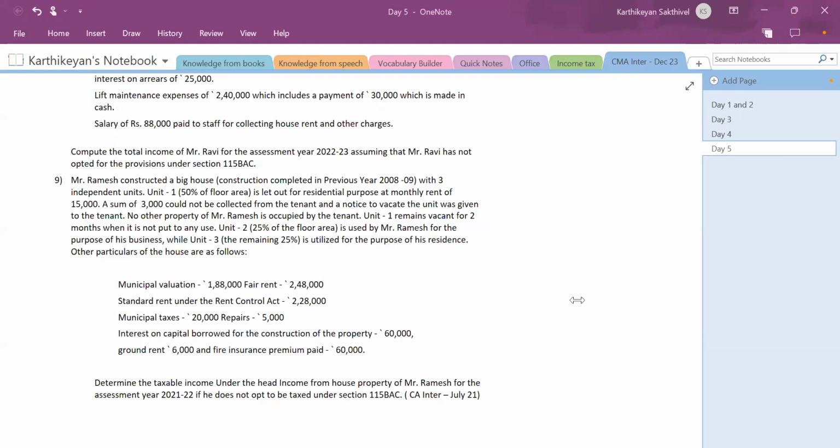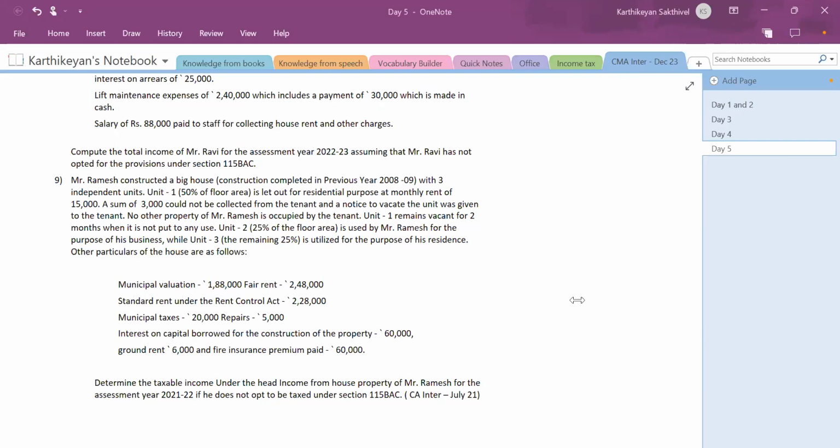Municipal valuation 1,88,000, fair rent 2,48,000, standard rent under the Rent Control Act 2,28,000, municipal taxes 20,000, repairs 5,000, interest on capital borrowed for the construction of the property 60,000, ground rent 6,000, and the fire insurance premium paid 60,000. Determine the taxable income under the head income from house property of Mr. Ramesh for the assessment year 21-22.